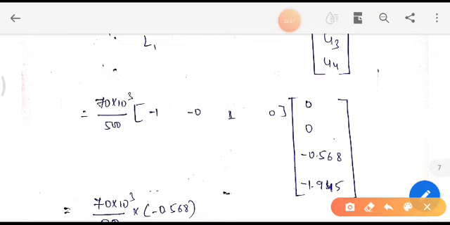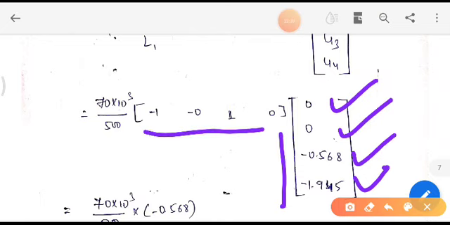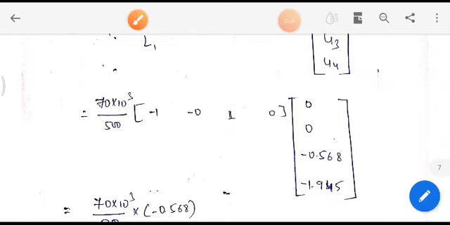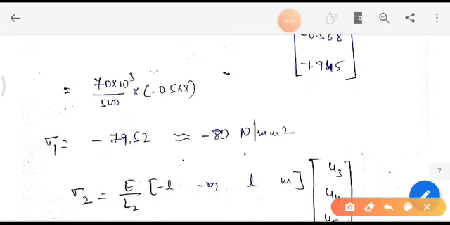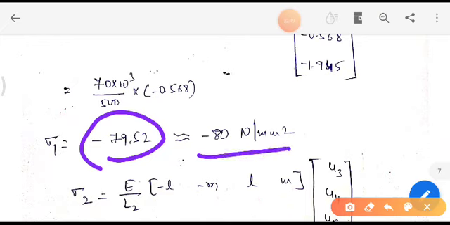The first node is fixed, so U1 and U2 are zero, and at the second node we have displacements U3 and U4, which we have found. If you multiply row and column, you get approximately 79.52, so approximately 18 Newton per mm square, which is the stress in the first element.